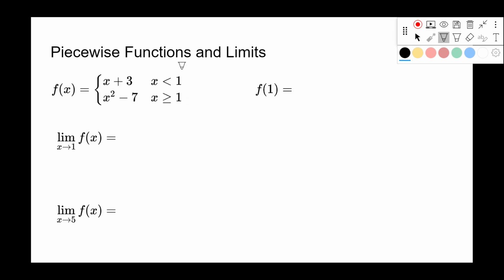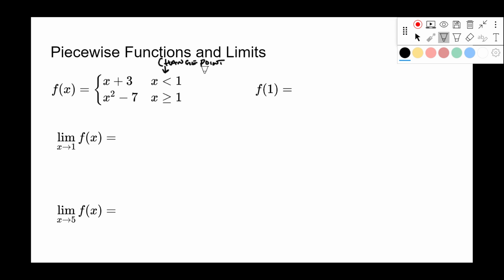Now remember, what this means is that 1, I call the change point. It's going to change at x equals 1. You're going to change from one function to the other. And the fact that it's a piecewise function and it has a change point is going to be important, not just for this lesson, but for a lot of them. So it's something that you should know and be familiar with.